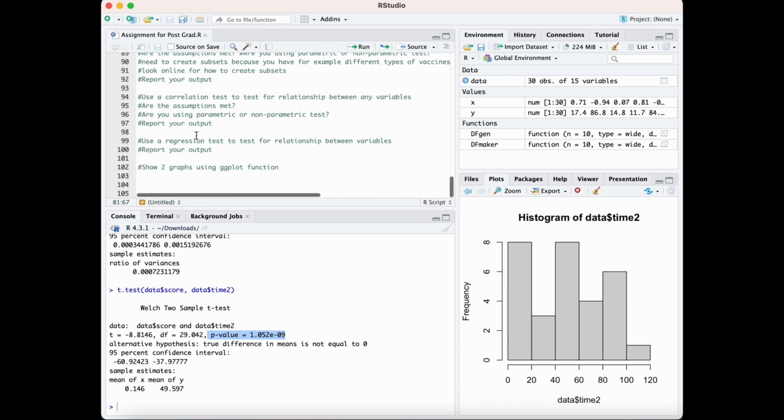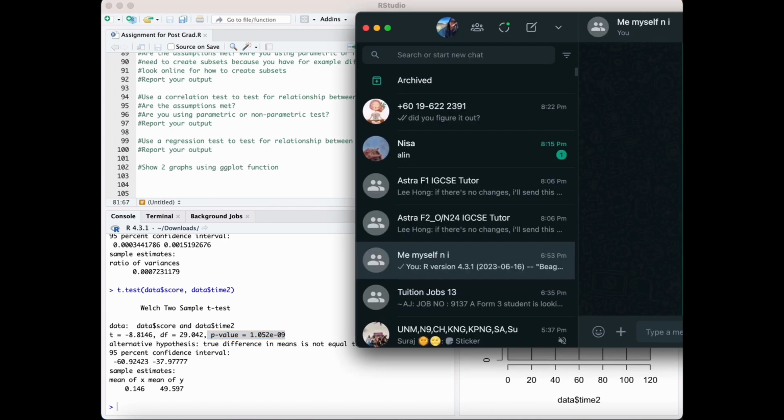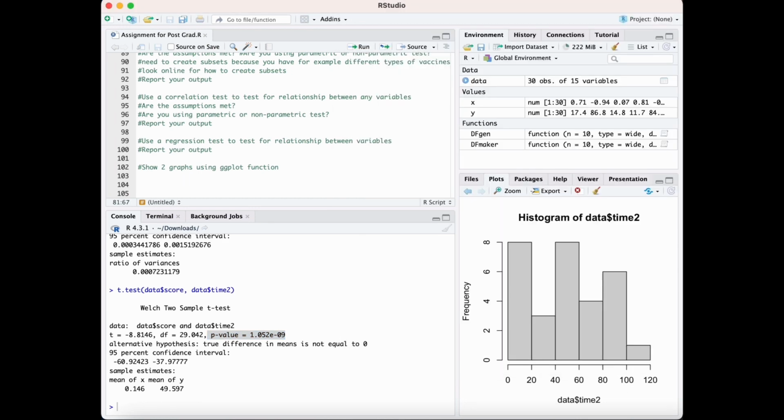So now is to test between any variables, a correlation test. So now we will do a correlation test.